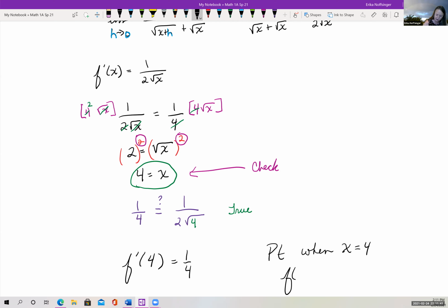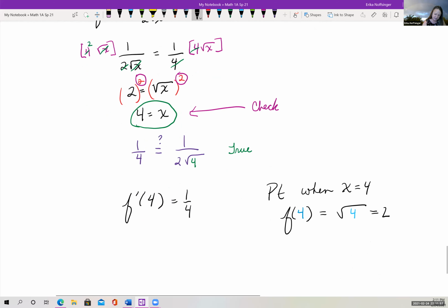So f of 4, plugging that into my function f of x, is equal to the square root of 4, which is 2. So our point is going to be (4, 2).